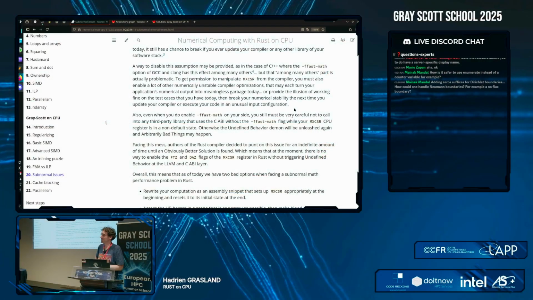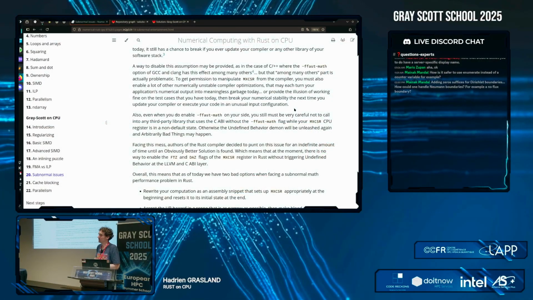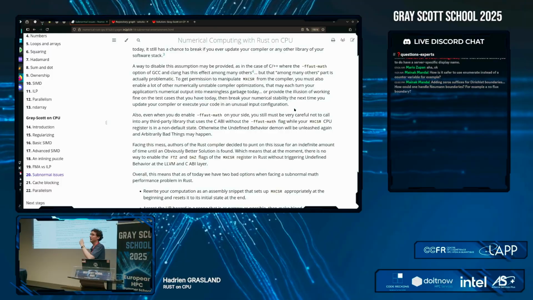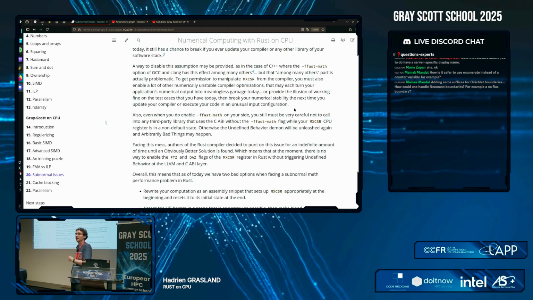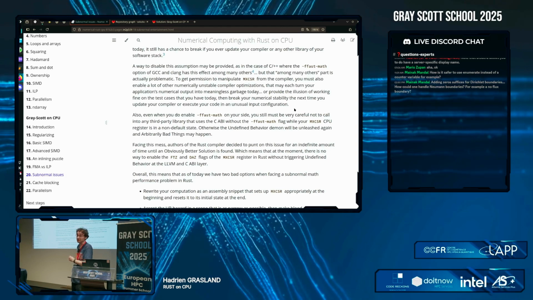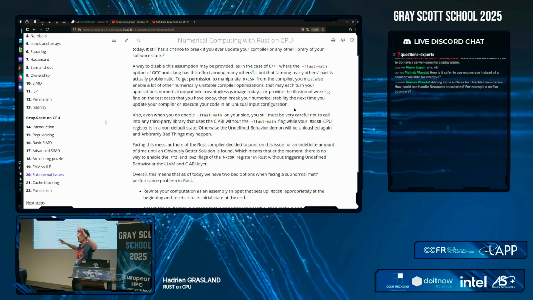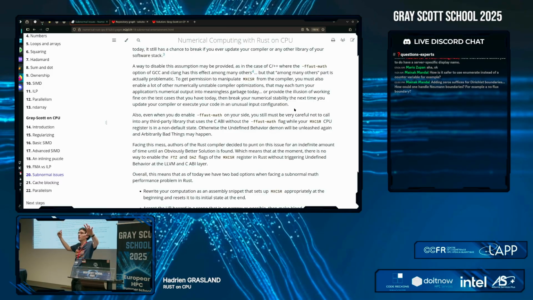Furthermore, I mentioned compilers, but there is actually another undefined behavior character in our story. And that character is the C application binary interface, which is the protocol that your program uses when it calls any library on your operating system.